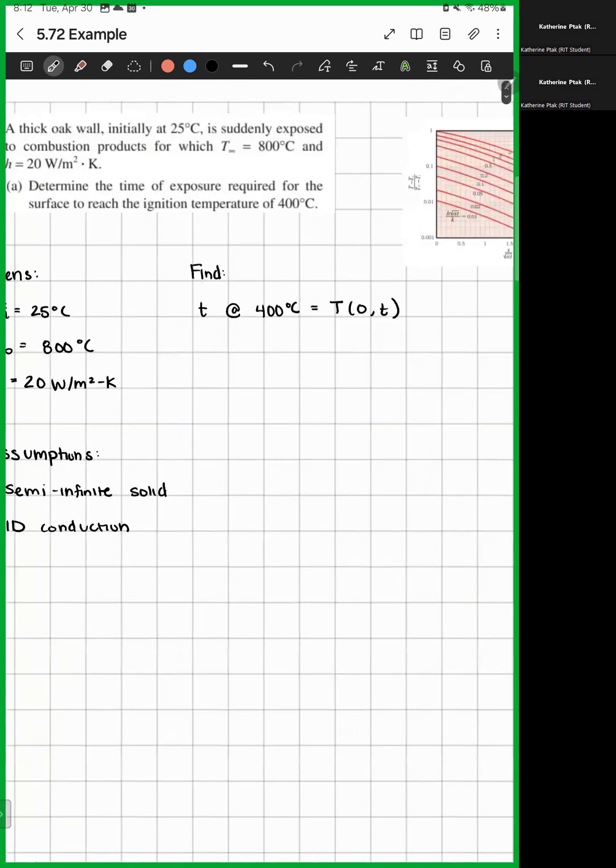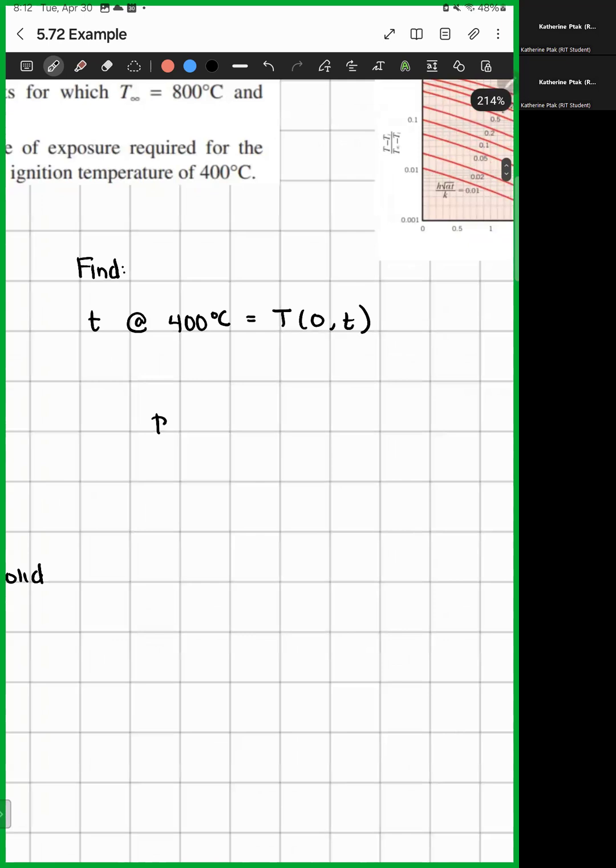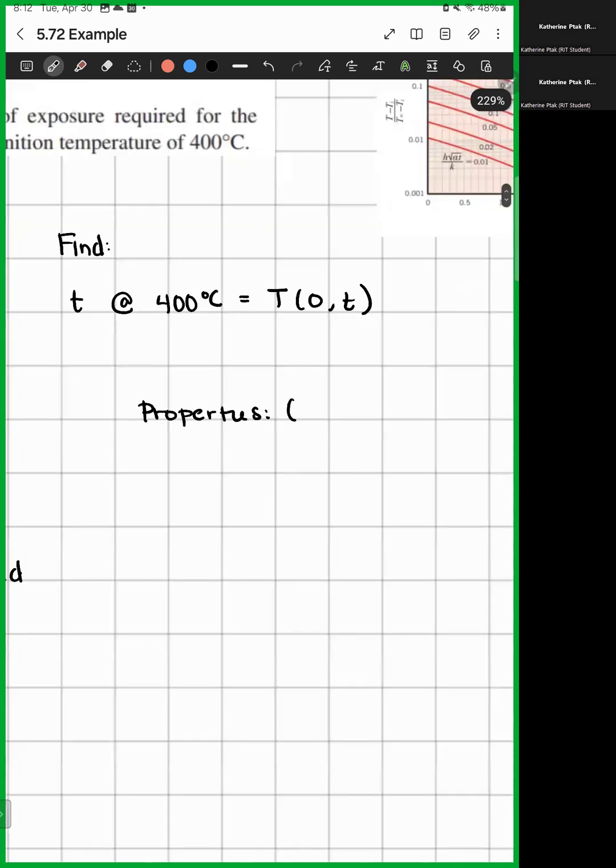We do need to pull some properties, and we'll just assume at 300 Kelvin. We're just going to pull those for that temperature.